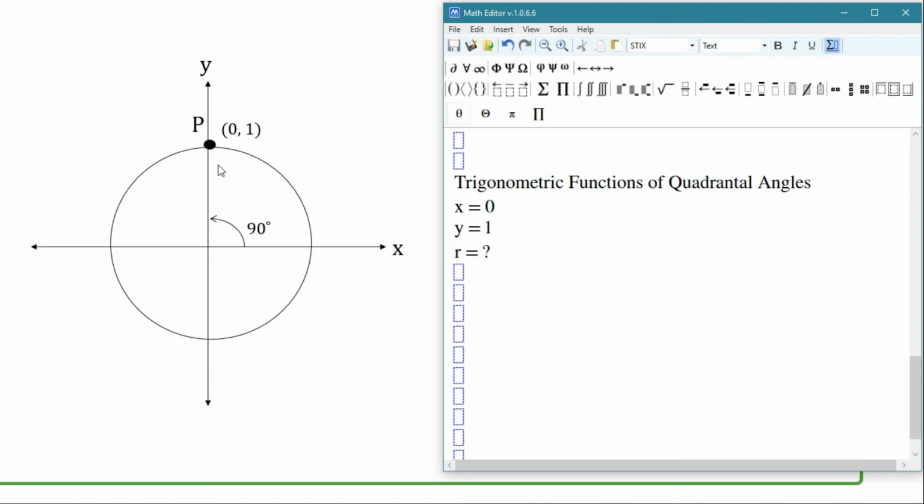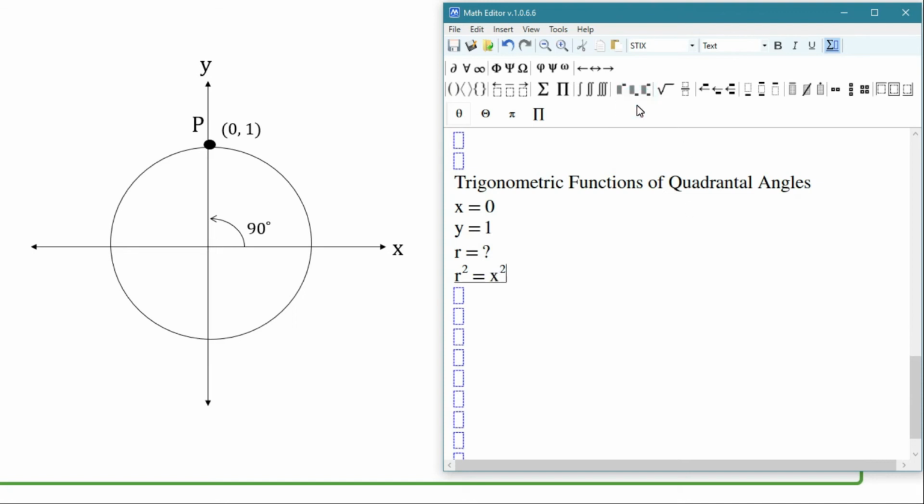Eto siya, eto. So, from this point up to this point. How are we going to find the value of our hypotenuse? That is still using our Pythagorean theorem, wherein the square of the hypotenuse is equal to the sum of the squares of the two other legs.